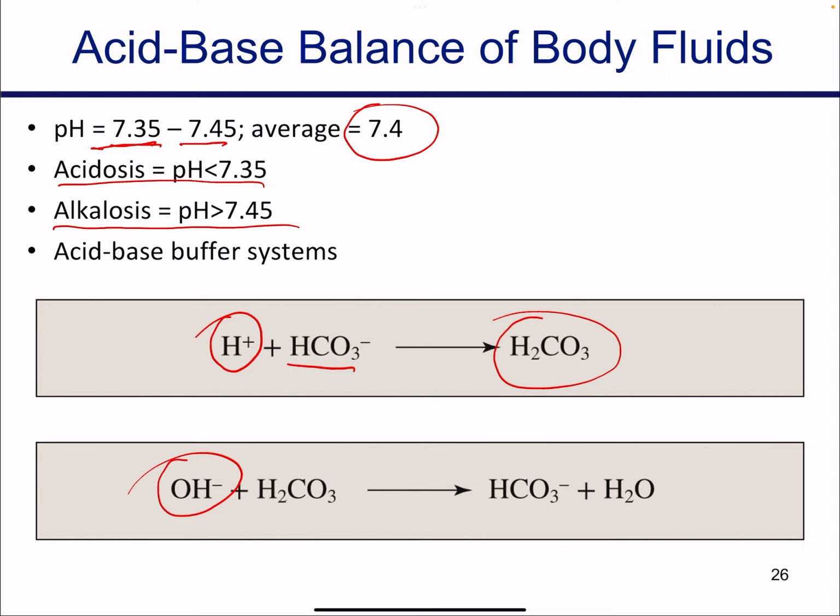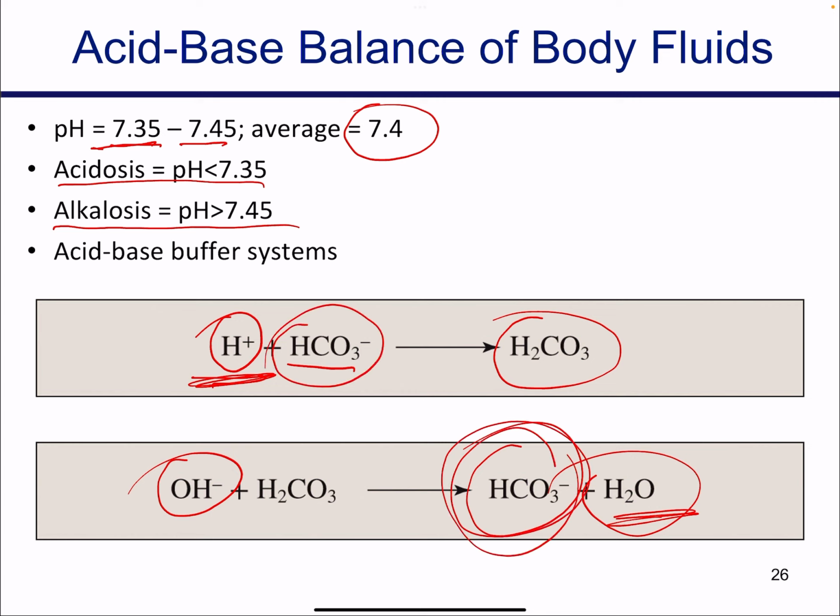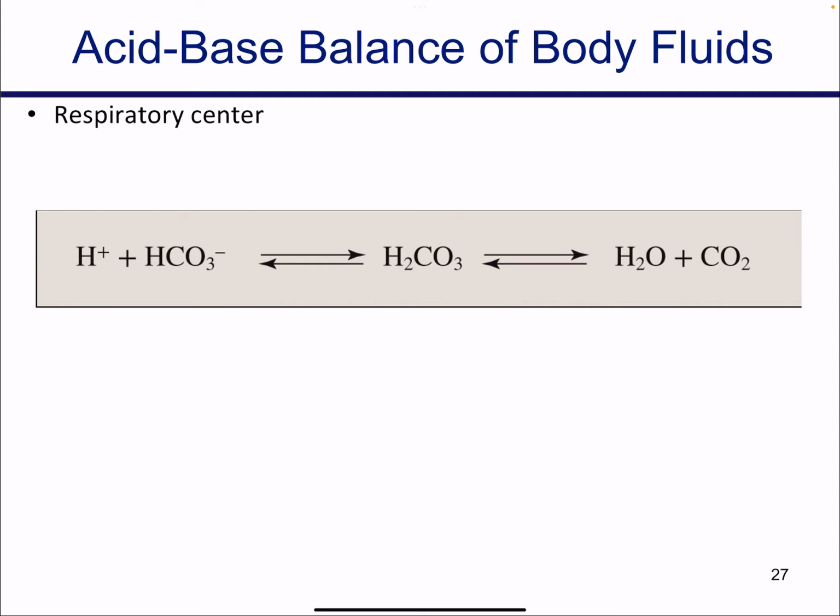By combining with OH ion, now we have a bicarbonate and water. So you always have this going back and forth between the formation of bicarbonate and no formation of bicarbonate, right? So you always have that movement, that back and forth between hydrogen ions that are produced, or water that is produced, causing the bicarbonate ion to play a central role in maintaining the proper pH in our body.